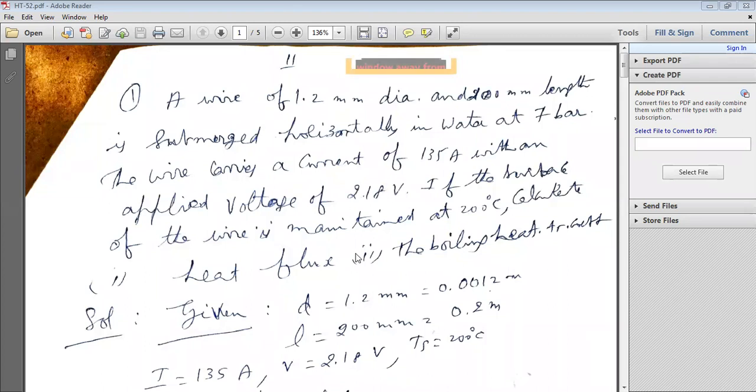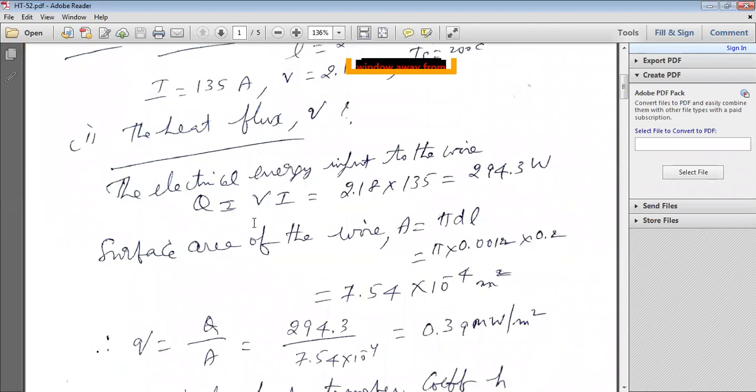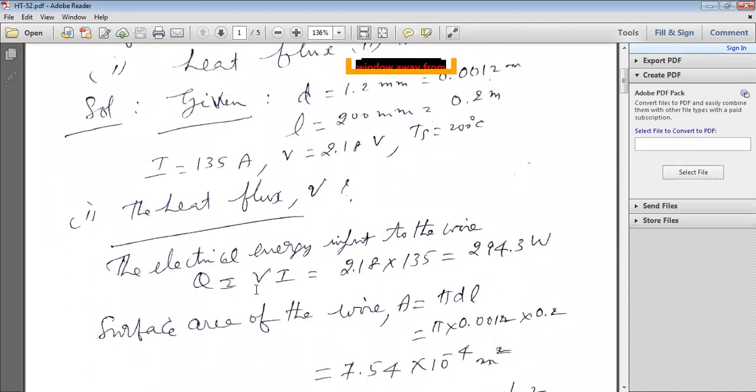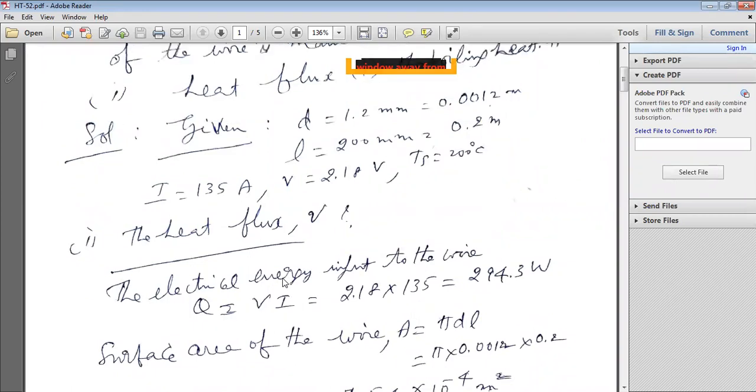First you have to calculate the heat flux. How do you calculate it? Heat transfer Q is equal to voltage into current. With the help of an electrical heater, you are supplying input heat to the wire.